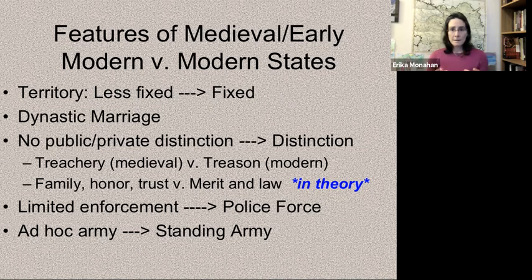But it was nonetheless different than having a standing army, soldiers that are always at work. And despite the actual language of the US Constitution, the United States does and has for a long time had what is effectively a standing army.